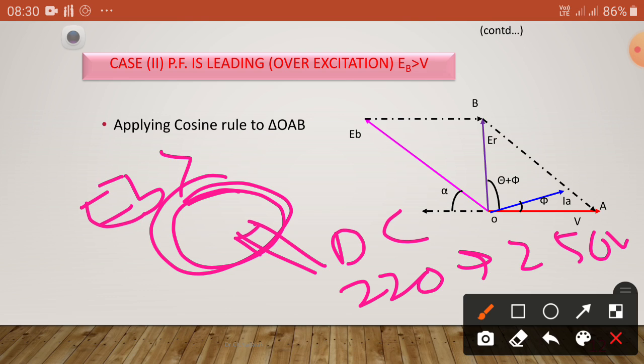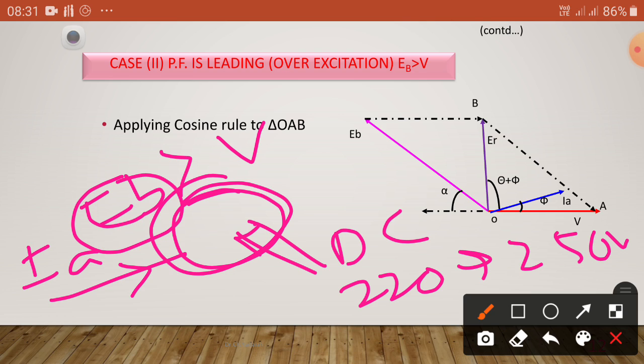This back EMF dominates the applied voltage under the over excitation condition, so the motor draws current in the form of a leading power factor. When the synchronous motor is over excited, it draws the armature current at a leading power factor.